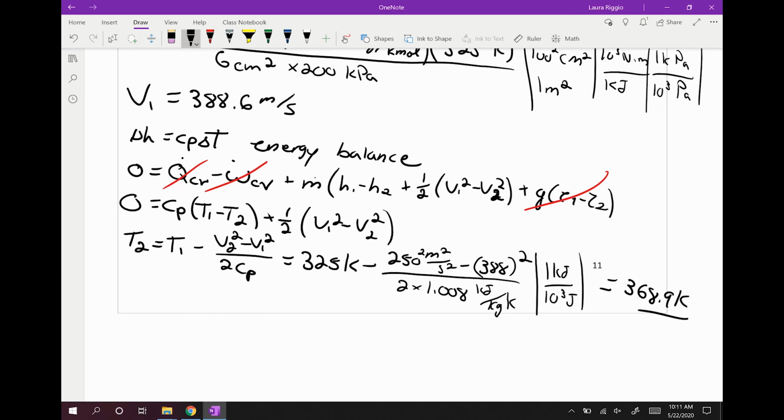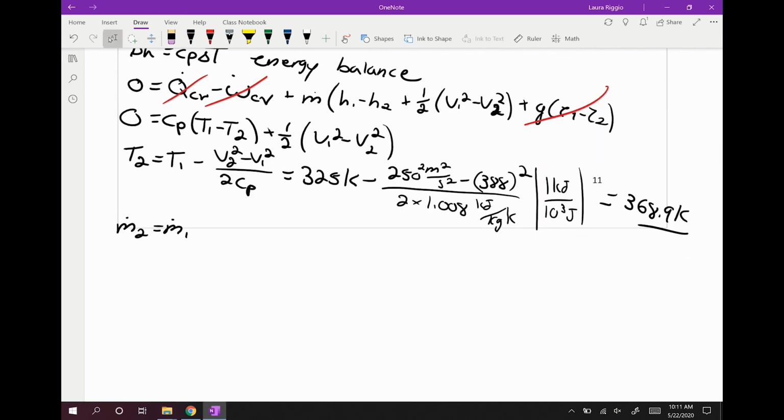To find the cross-sectional area at the exit, we have that our mass flow rate at our inlet and our exit are equal, which means that our area times our velocity over specific volume is equal. And again, applying the ideal gas law, we get A2 is V2 P2 over R T2.